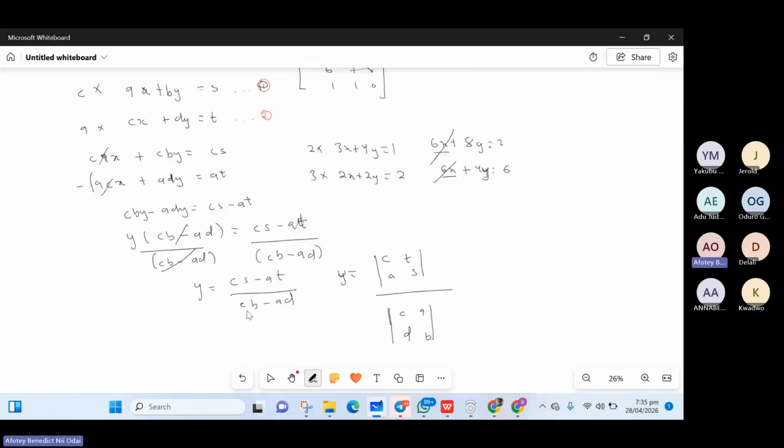So this becomes the determinant, this becomes the answer to our y.